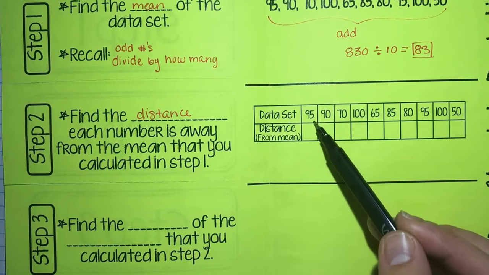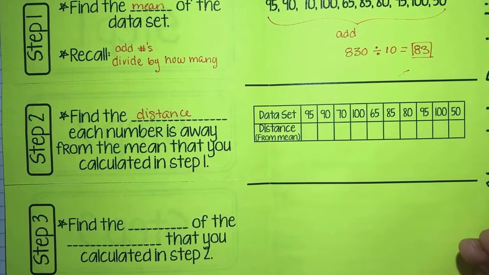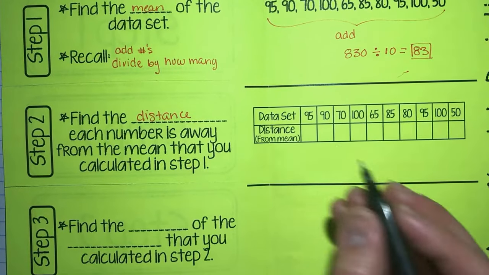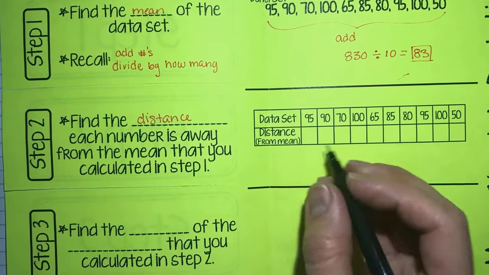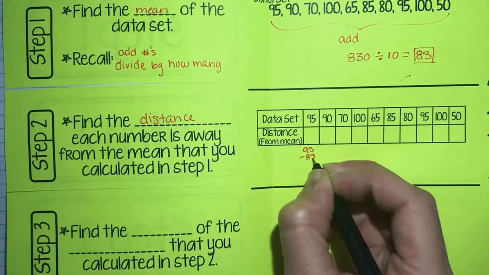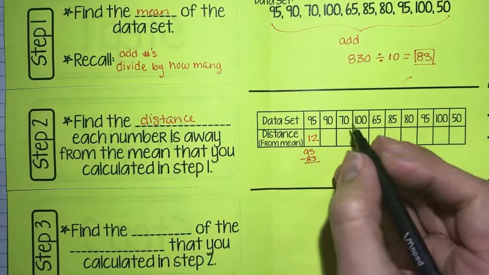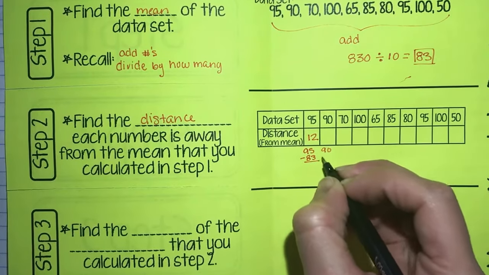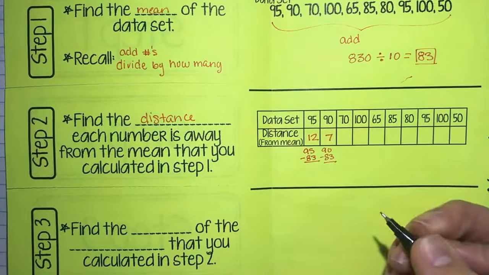So how far away is 95 from 83? How do you do that? Well, you just go ahead and subtract. Go ahead and always put the biggest number first because I want positive numbers, no negatives. So basically 95 minus 83, and that gives me 12. 90 minus 83, and that gives me 7.